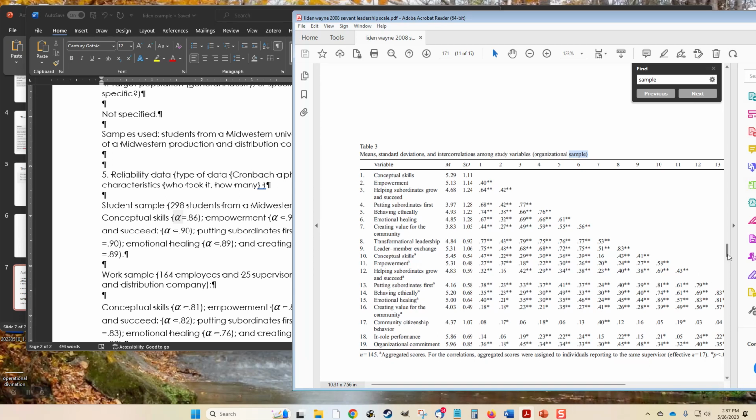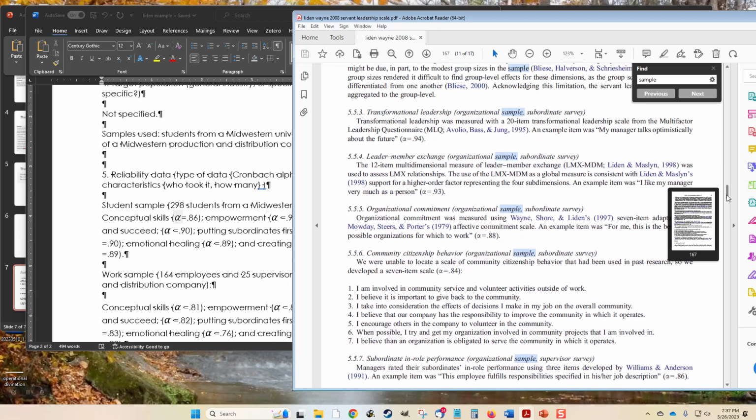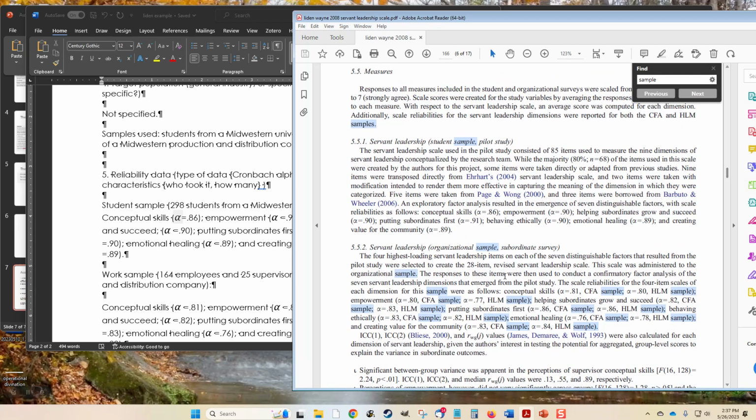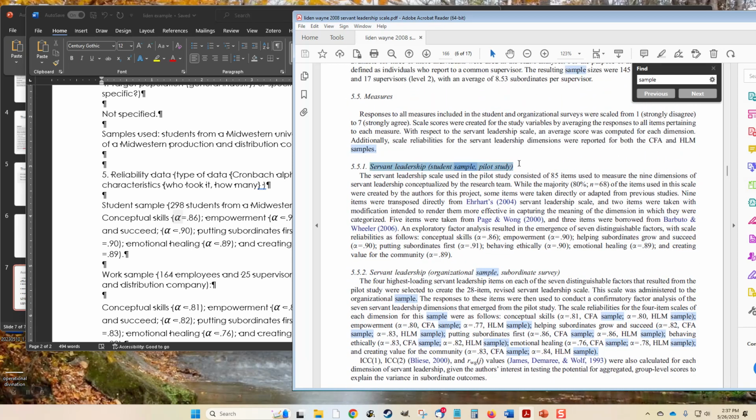Let's see, you could probably find it from this table, but if you back up a little bit, and they talk about the servant leadership student sample. Samples consist of 85 items, blah, blah, blah.